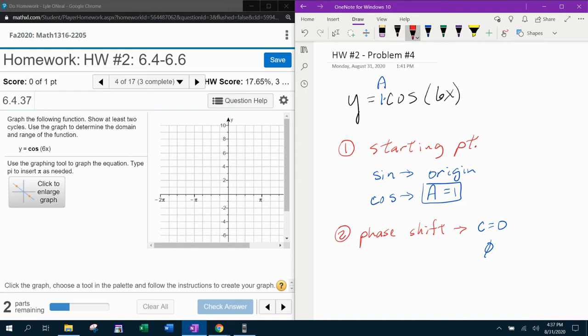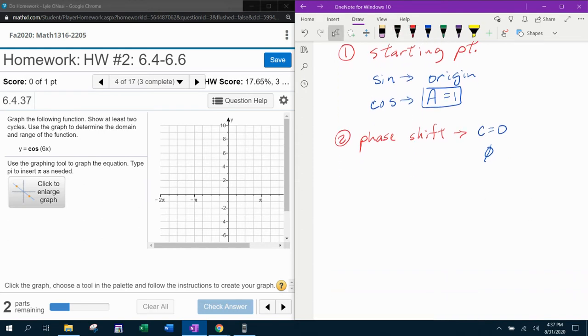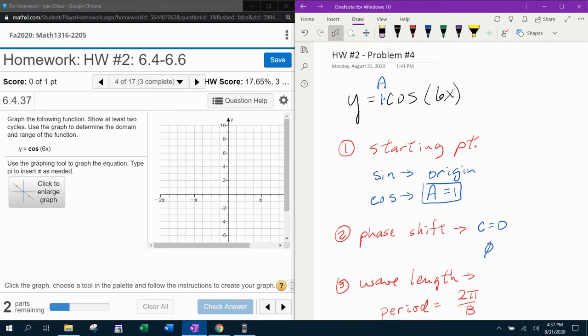And then we can move on to the third step, which is wavelength. Okay, for a sinusoidal function, for sine, cosine, secant, or cosecant, the wavelength, which is also the period, is 2 pi over b. And if we scroll up, the value of b is the coefficient of x.